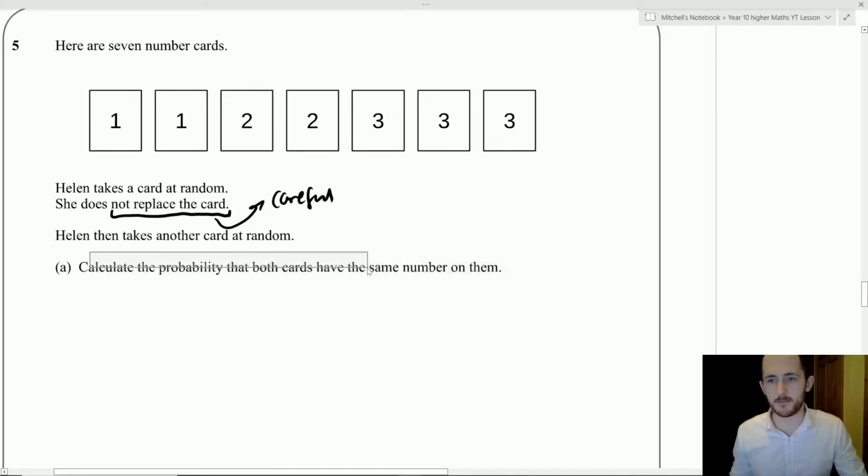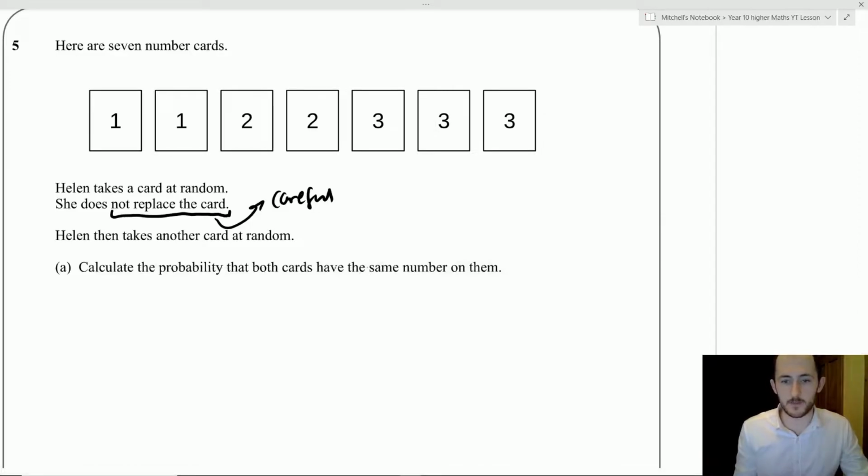Both cards have the same number. Well, either it's going to be a 1, 1, or a 2, 2, or a 3, 3. What about the probability of getting a 1, 1? Well, at first it's 2 out of 7, right? So there are 2 1s out of 7 cards.